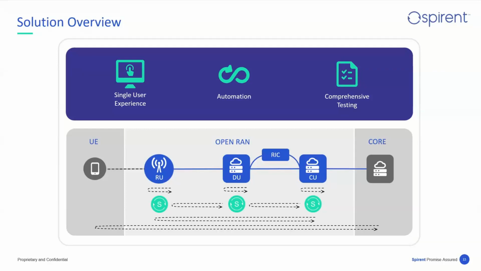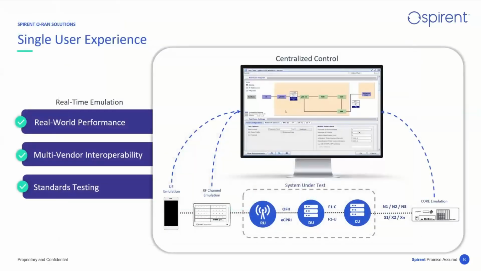We support open APIs, and there is already a set of automation given with the single user interface to our customers, with predefined test cases from O-RAN and 3GPP. There's a big list of test cases based on the device under test, like RU, DU, or CU. And this is all supported for providing real-world performance, multi-vendor interoperability, and supporting standards requirements.